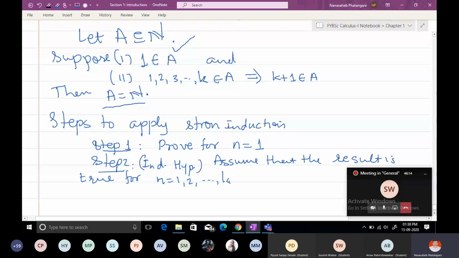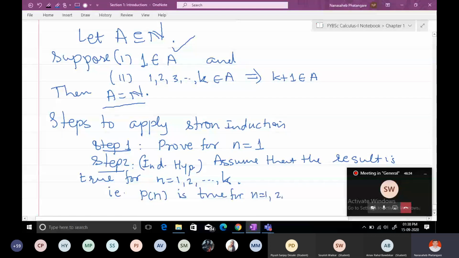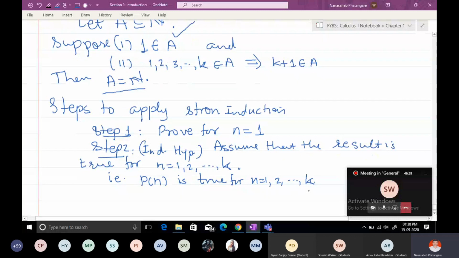Now we are assuming for all 1, 2, 3 up to k. In weak induction we were assuming for k only, right? That is, statement Pn is true for n equal to 1 to k. This we are assuming in second step, induction hypothesis.